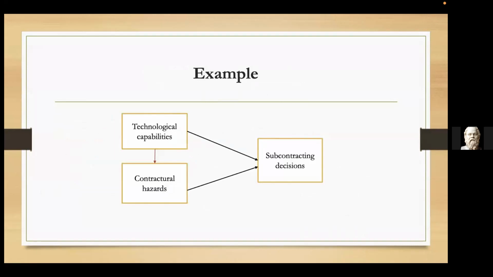I would like to use the study of Maya and Salomon 2006 to demonstrate the first approach of integrating theories, okay? So these researchers, in their study, what was their study? Their study was on technological capabilities, contractual hazards, and subcontracting decisions, okay?